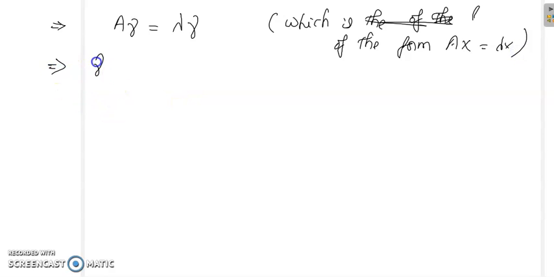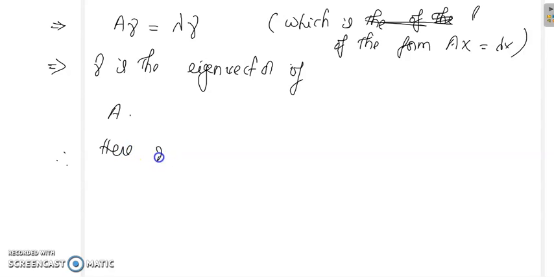This implies gamma is the eigenvector of A. Therefore here gamma must be equal to alpha. So alpha is the eigenvector we have taken corresponding to the eigenvalue lambda. So here the vector gamma must be the eigenvector corresponding to lambda.